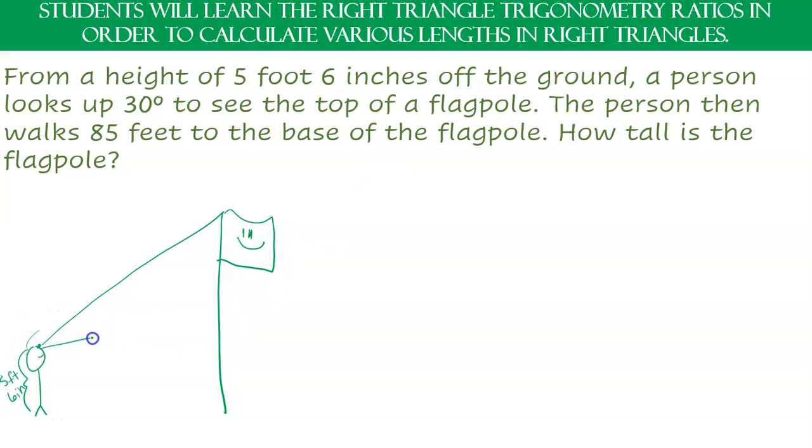Okay? So this person is looking up 30 degrees because they never travel anywhere without a protractor. And we know that when they walk to the pole, it's going to be 85 feet.